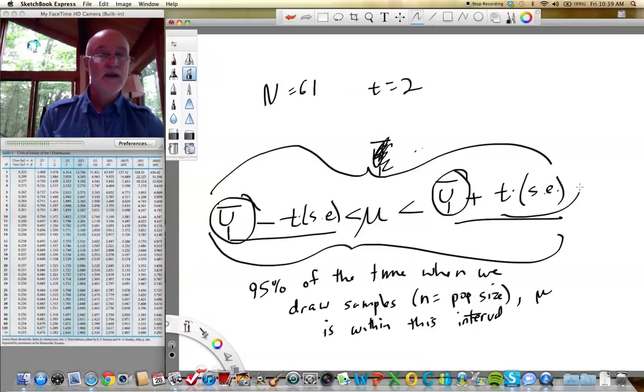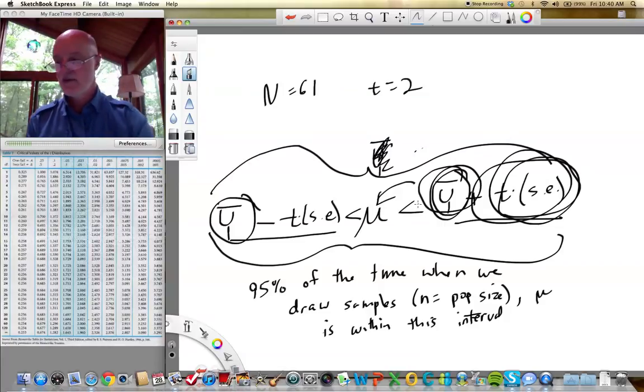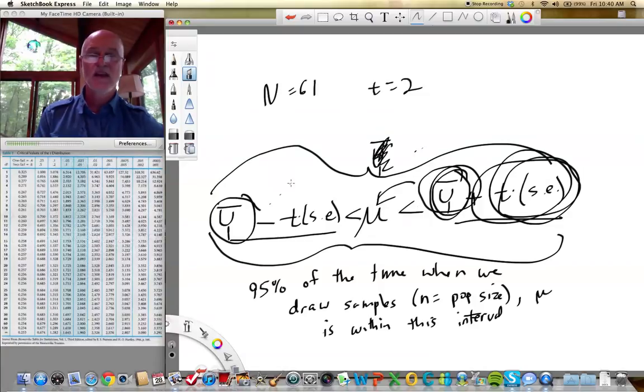And the bigger this number is, the less confident we are about that particular estimate of y bar as an estimate of the true population mean.